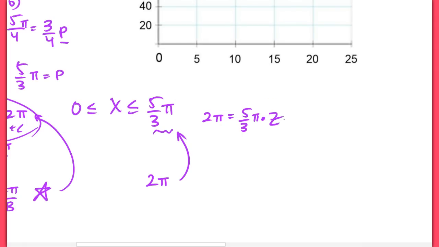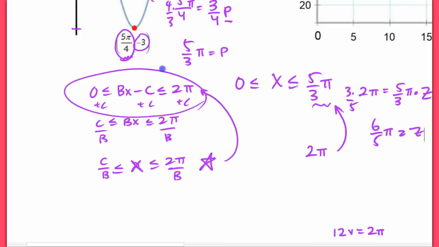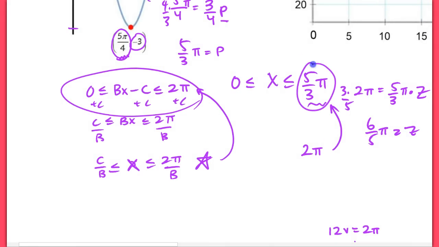Okay, so I want to find what I need to multiply that value by. So I'm going to divide by 5/3 here, or multiply by 3/5 here, to get 6/5. In other words, I have to multiply this value by 6/5 in order to get to 2 pi.